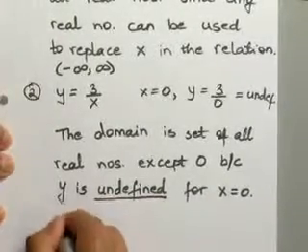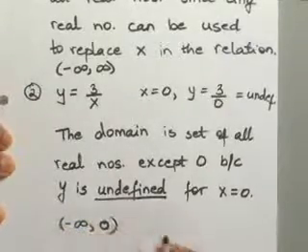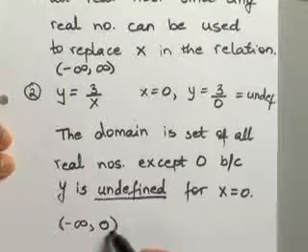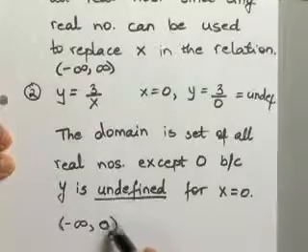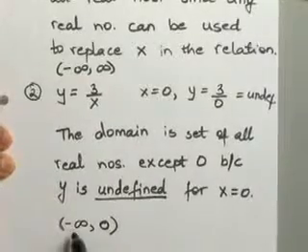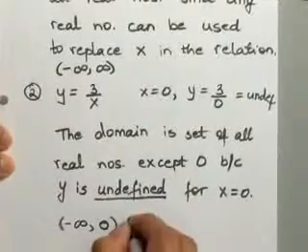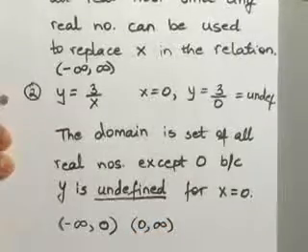So that tells me I'm starting at negative infinity, but I'm stopping at 0 because I don't want to use 0 in my answers. You will see that I'm using a parenthesis instead of a bracket, because that tells me I am not including 0 in my answer. So this took care of negative infinity to 0, but then you have numbers on the other side of 0. And for that notation, we will use 0 to positive infinity.